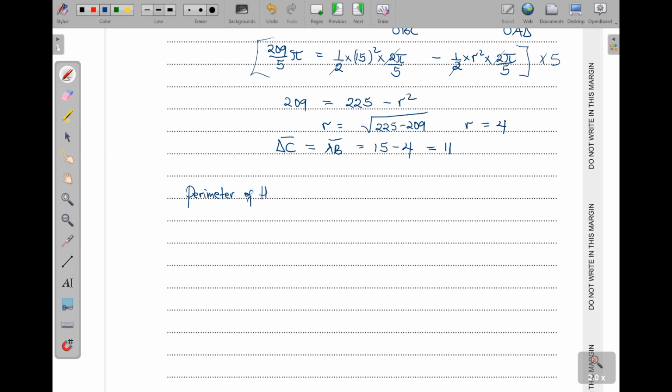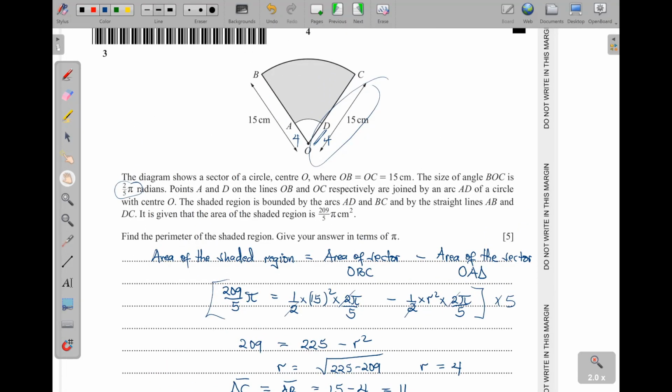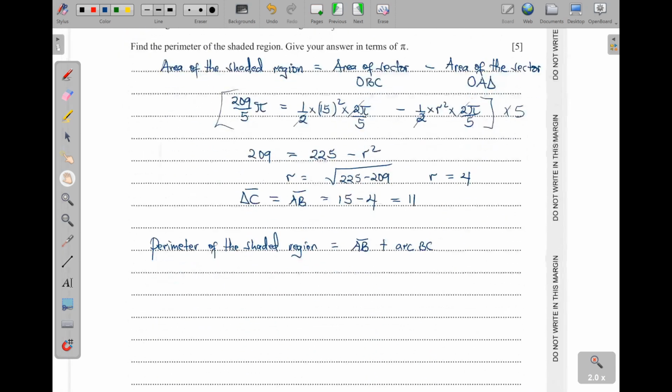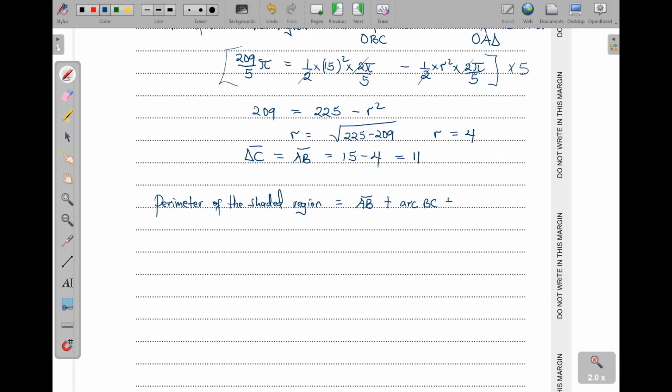Perimeter of the shaded region is going to be equal to the length AB, then we add the arc BC, then we have CD, and then AD. So the length AB, then the arc BC, then plus the length CD, then plus the small arc AD.